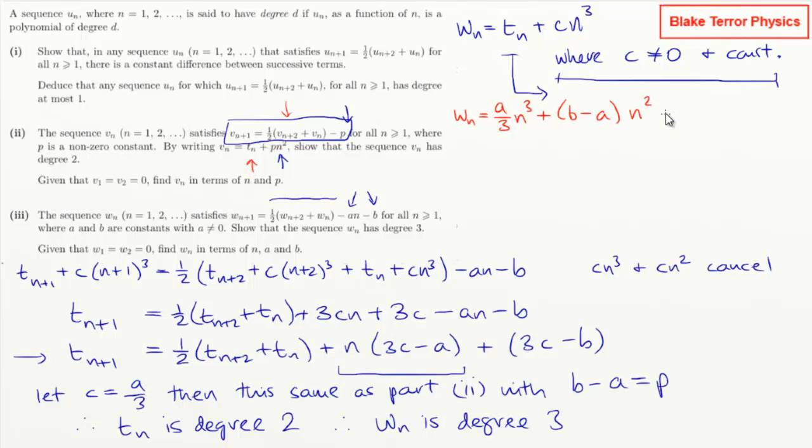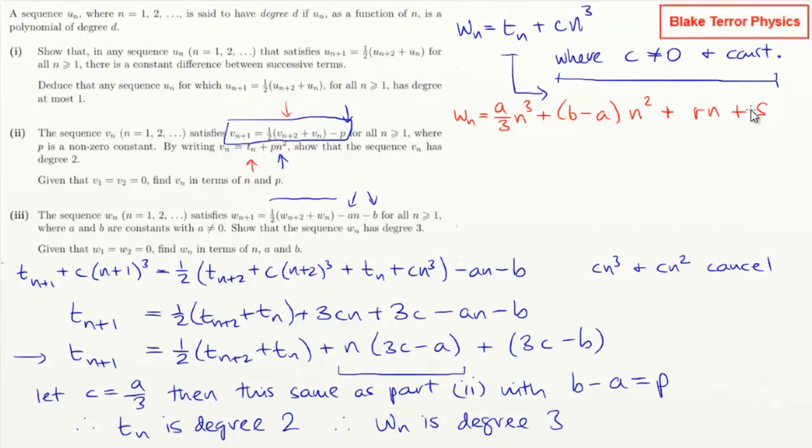So it does feel as though, even if I don't know what the coefficients are at the end, what letters have I not used? I haven't had an R or an S. Let's go for R and S. So let's say R times N plus S.